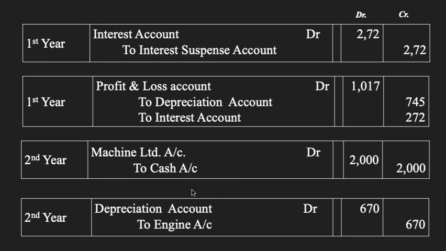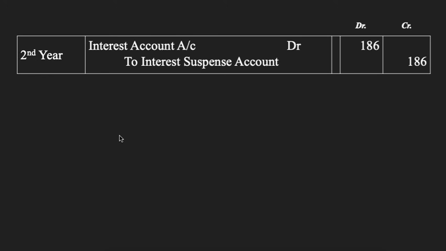In the second year, we are again paying interest, and that interest will be charged on the outstanding balance. For that interest amount, the journal entry for the second year is interest account debit to interest suspense account.